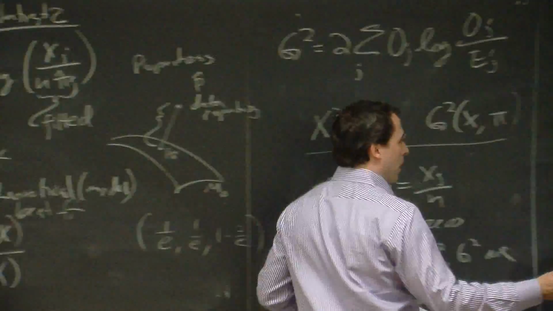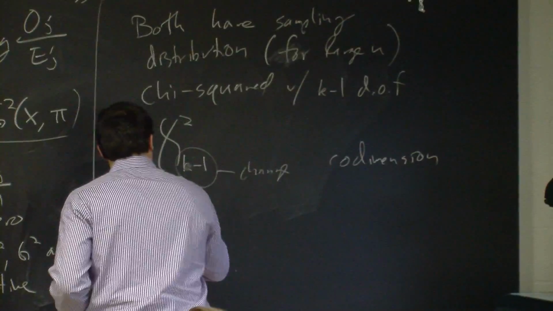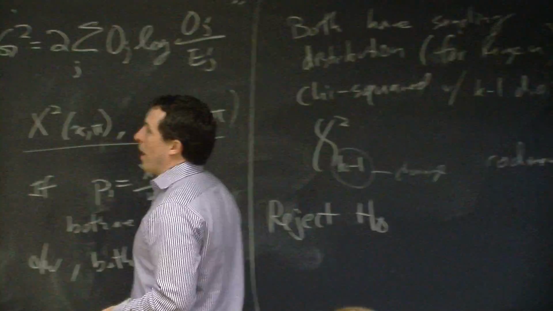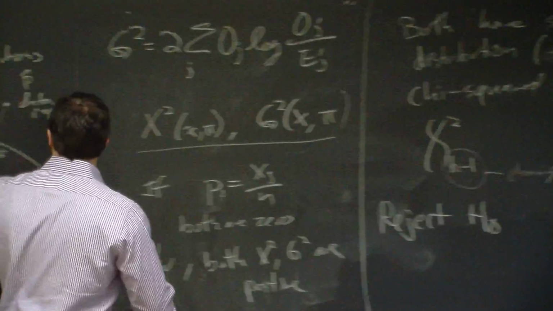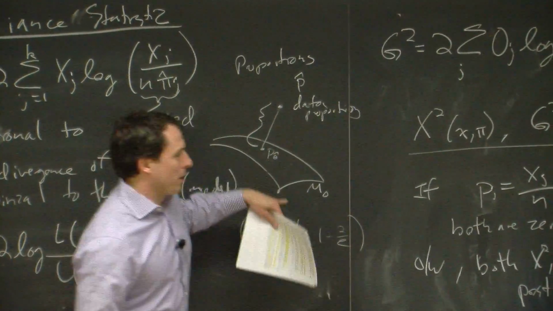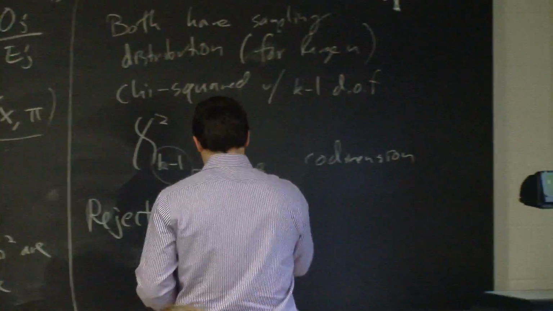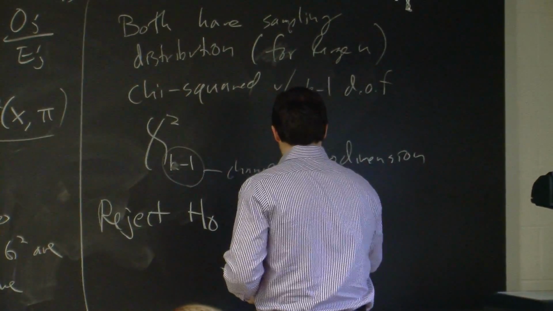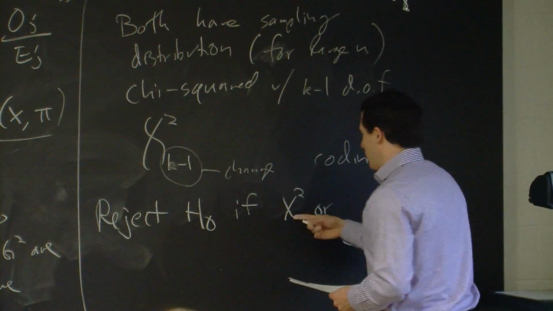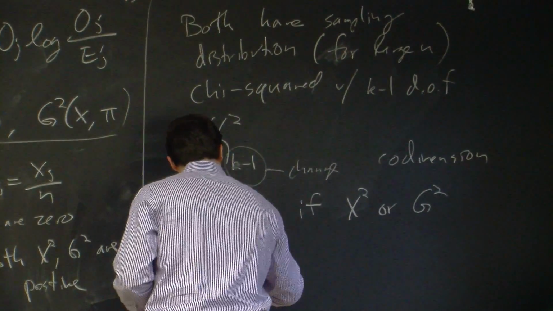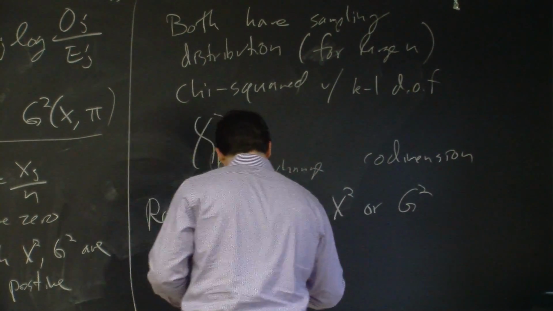All right, so then we want to do a hypothesis test. Our hypothesis test should say reject the null hypothesis that we were on the model, that our data was generated by a point on the model, if the chi-squared Pearson statistic or this g-squared deviance statistic exceeds the threshold.